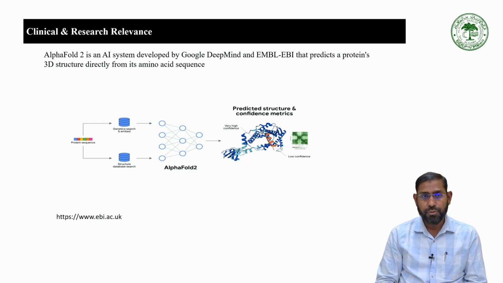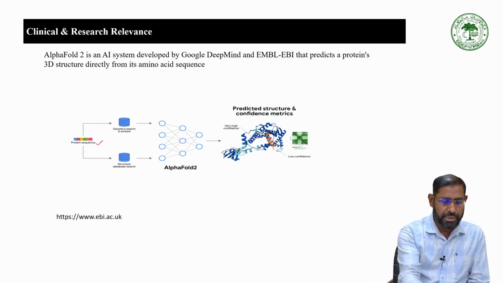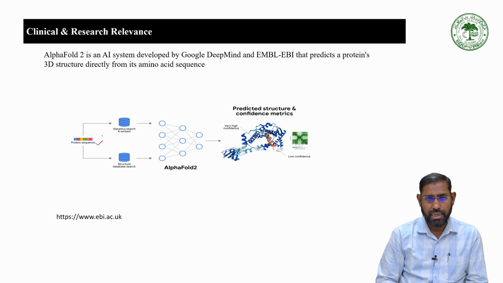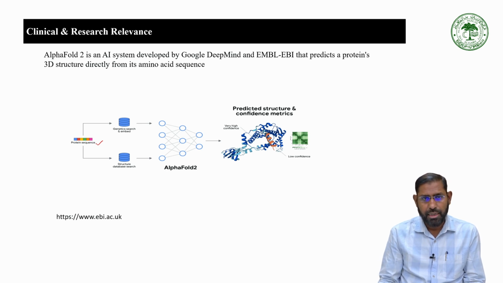So AlphaFold is an AI system, an artificial intelligence system developed by Google DeepMind and the European Molecular Biology Laboratory, that predicts a protein's 3D structure directly from its amino acid sequence. You provide amino acid sequences to this AI system.